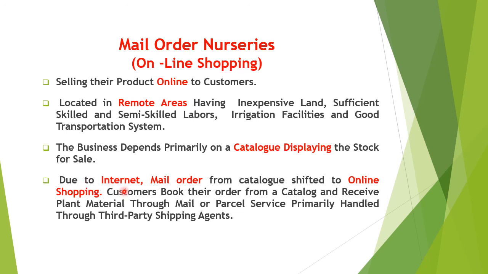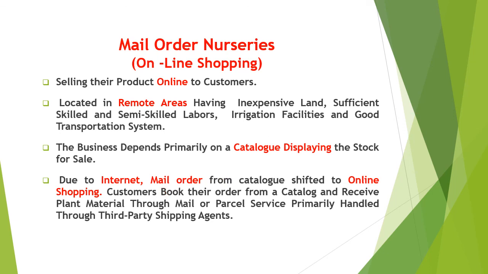They are called mail order, now online shopping. Customers book their order from a catalog and receive plant material through mail or parcel service, primarily handled through third-party shipping agents. This is the advancement in the nurseries. They have the nursery, they have the facilities, but they sell their stock through the internet.